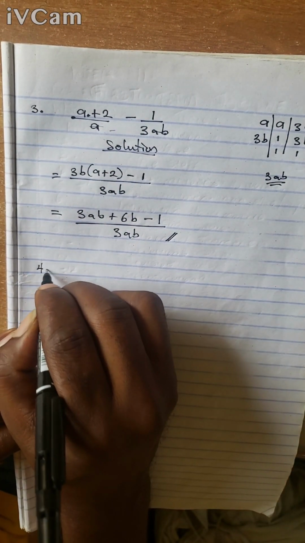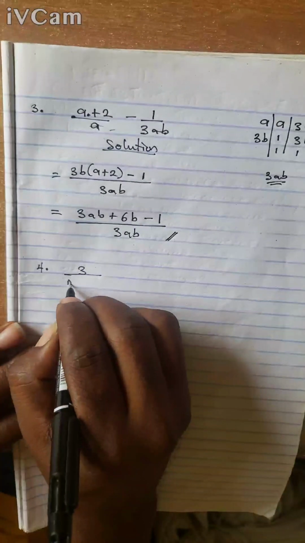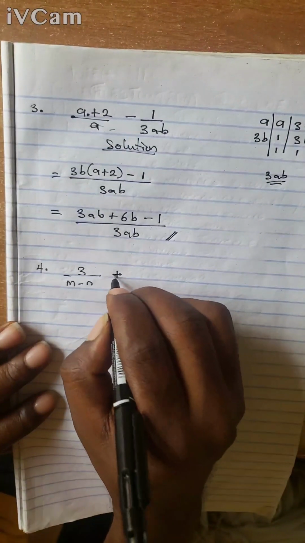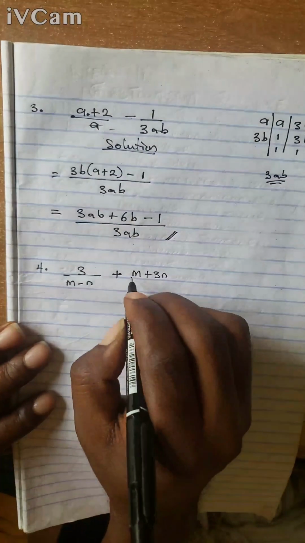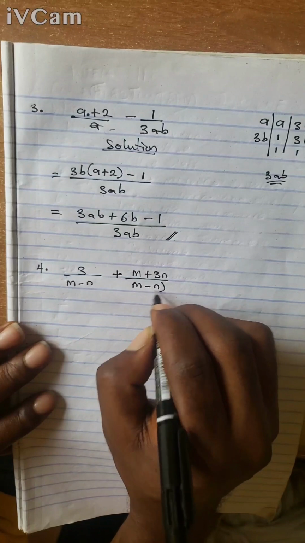Let's go to another example, example 4. Assume that we have 3/(m − n) plus (m + 3n)/(m − n)².